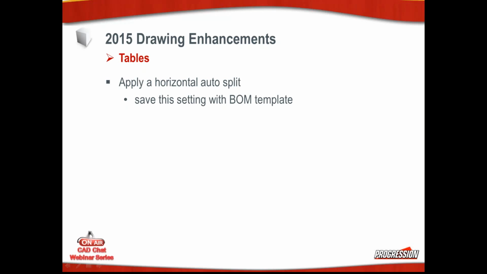Okay, the next thing is tables. We're now able to apply a horizontal auto split, and this can be saved with the VOM template now. So you can bring in a VOM that's automatically split.